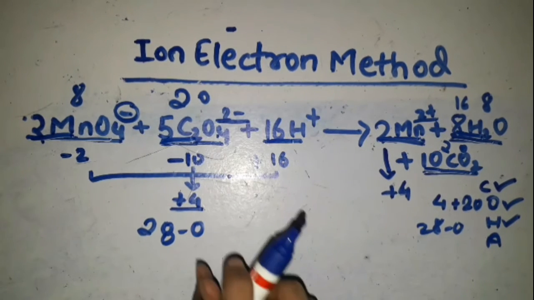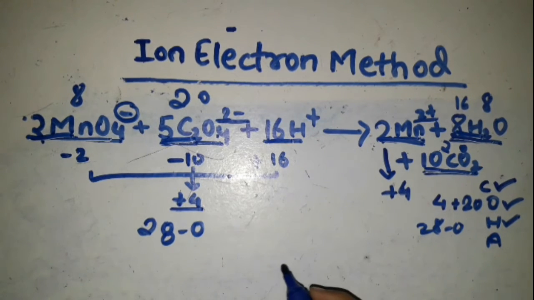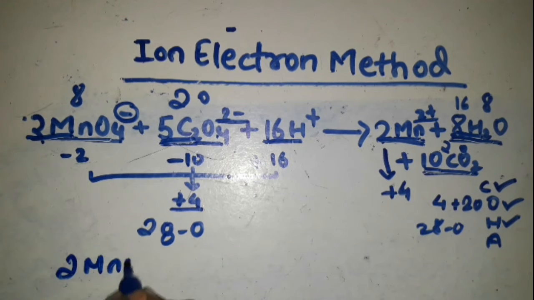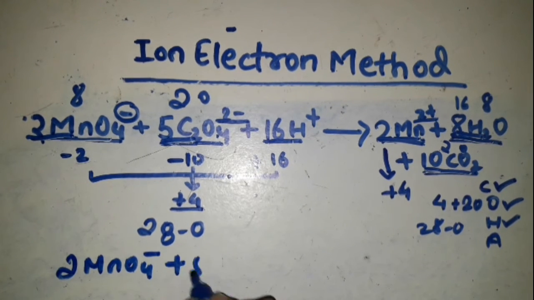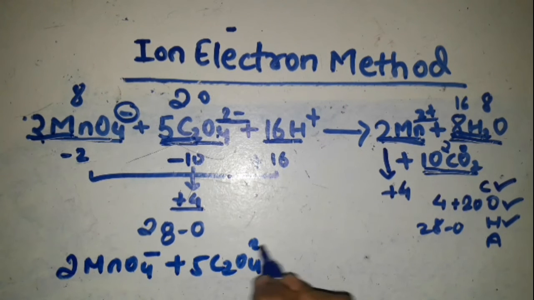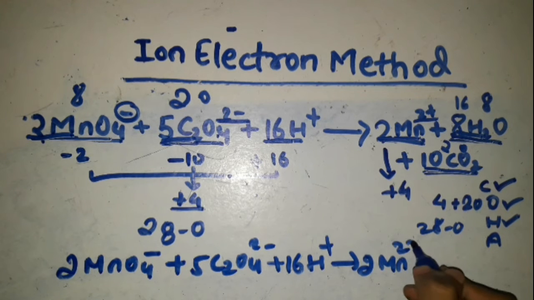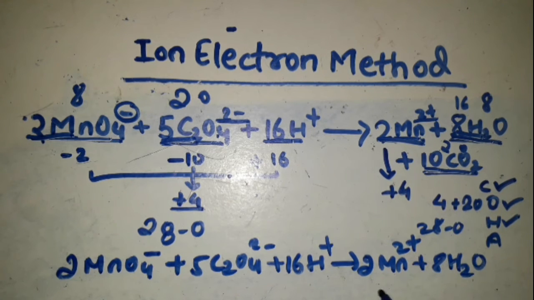Thus our balanced equation is 2MnO4 minus plus 5C2O4 2 minus plus 16H plus, which gives 2Mn2 plus plus 8H2O plus 10CO2.